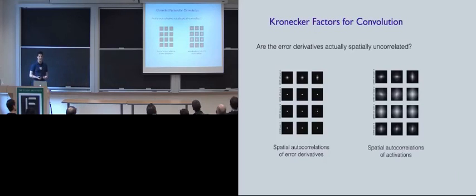Empirically, there are very weak autocorrelations. On the other hand, if you compute the autocorrelations of the activations in a given layer, they're actually quite strong. So it's significant algorithmically that we're assuming spatial independence for the derivatives, but not for the activations.